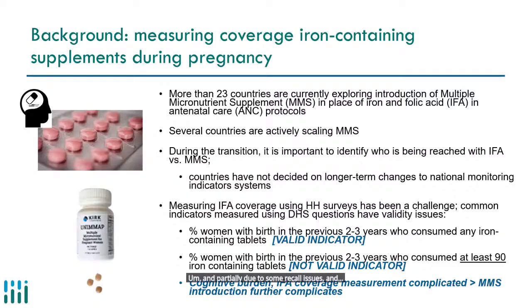This is partly due to the cognitive burden of a woman understanding the question, as well as accurately recalling the total number of tablets taken across her pregnancy, especially over a 2 to 3 year recall period. So measuring IFA has already proved to be complicated, and the introduction of MMS further complicates this measurement issue. Next slide.